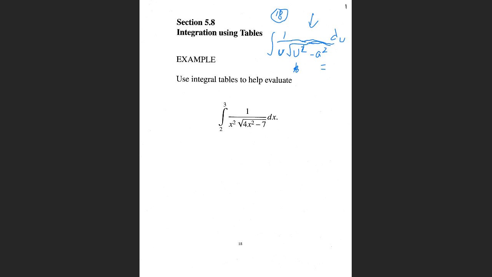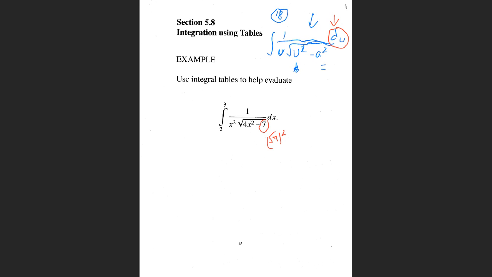The integral is with respect to u, so the variable would be the u. Good. A is a constant. Like 7 here, we can think of as square root of 7 squared. So a would be square root of 7.